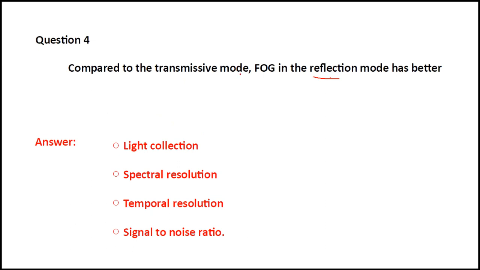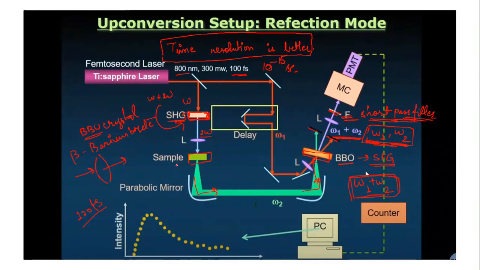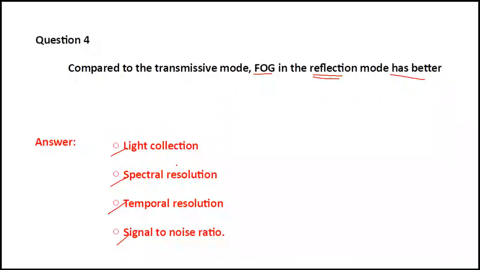Compared to the transmissive mode, the reflection mode has better what? The options were light collection, spectral resolution, temporal resolution, or signal to noise ratio. Now see, time resolution is not given to you; instead there is a term, temporal resolution.